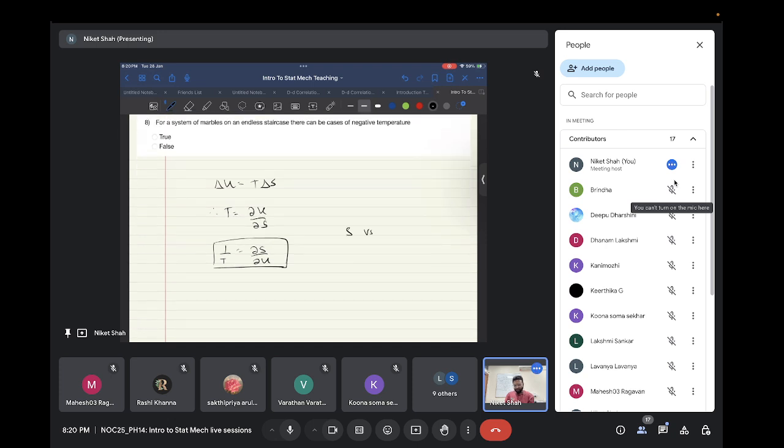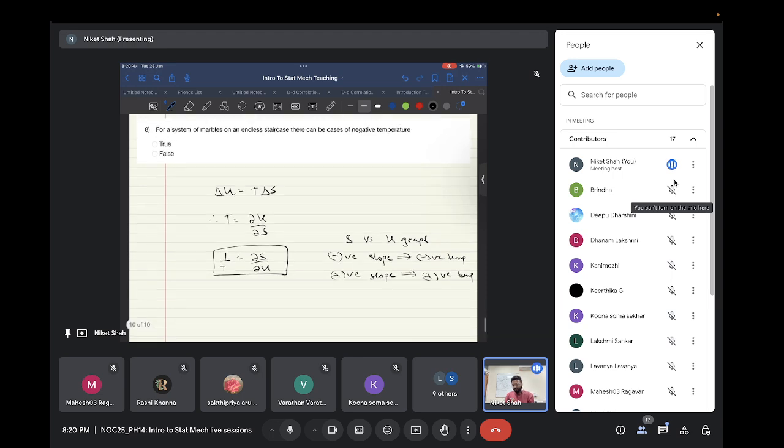On the S versus U graph, negative slope corresponds to negative temperature. Positive slope corresponds to positive temperature.